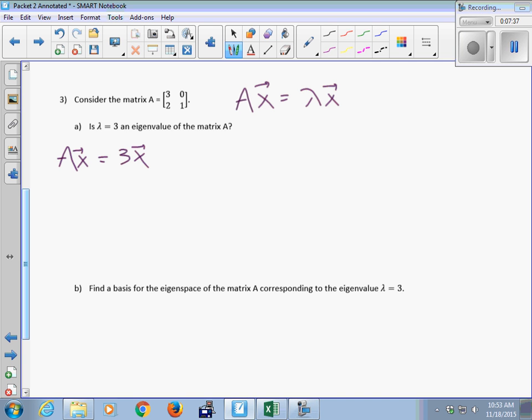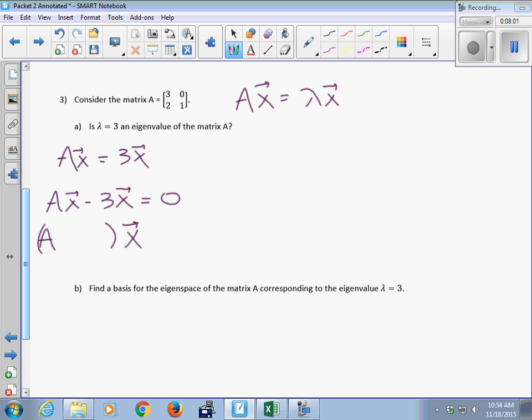If I subtract the 3x from both sides, I get Ax minus 3x equals 0. I can factor out an x, but it has to go on the right because it's multiplication on the right on both of those. So what goes in parentheses here?